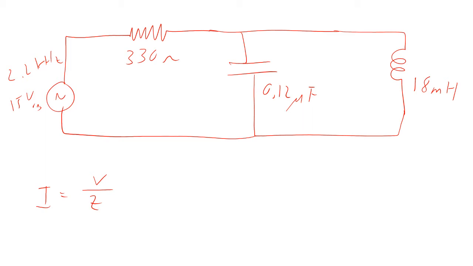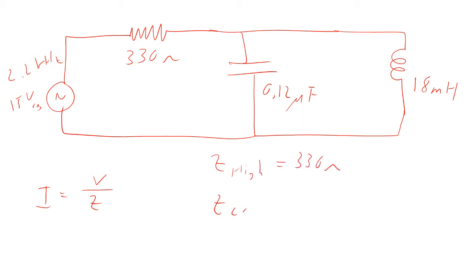Now, at very high frequencies, you can say, oh wait, at very, very high frequencies, all the current is just going to go shunting through the capacitor. That's going to act like just a wire, so Z at high frequency is going to be 330 ohms.